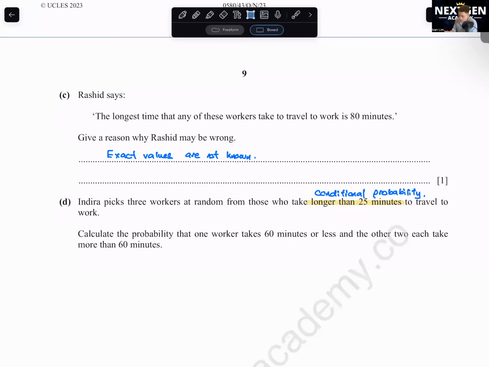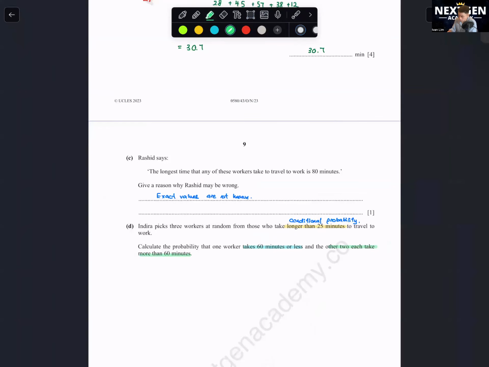Calculate the probability that one worker takes less than 60 minutes and the other 2 take more than 60 minutes. Okay, so this is what we are doing. We go to the table.